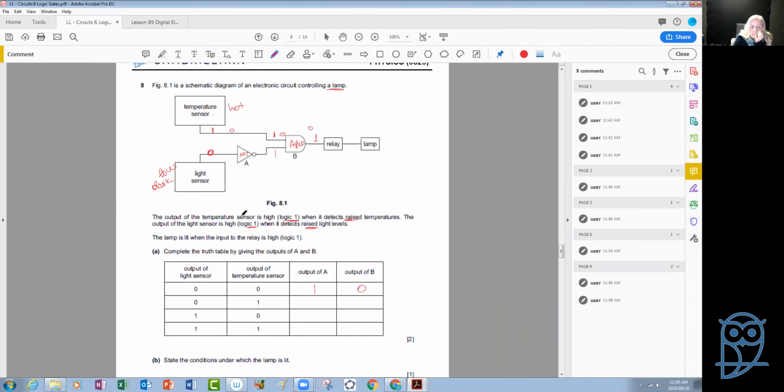So the output of the NOT gate will be 1, but the output of the AND gate will be 0. So this will be 1 and 0, correct?